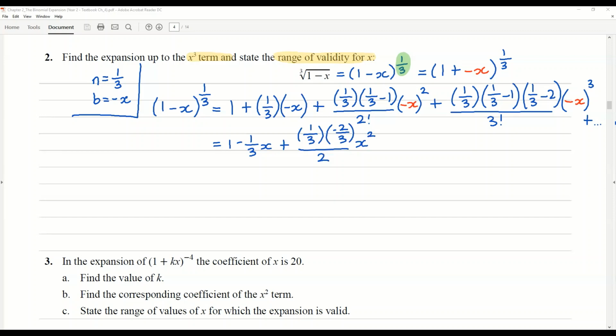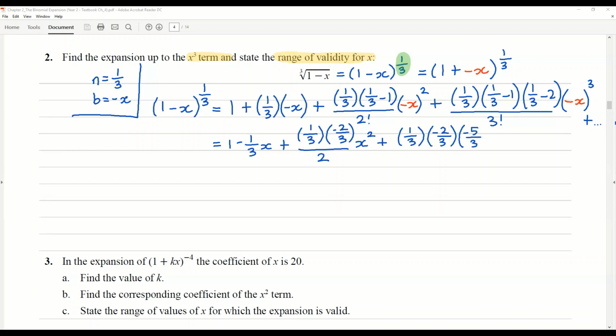And then we move on to the third term. So once again, we have a third multiplied by negative 2/3. There's no need to spend time working out a third minus 1 again. We've already done it. And then we have a third subtract 2. So 2 in terms of thirds will be 6 out of 3. So that's 1 subtract 6, which would be negative 5 out of 3.